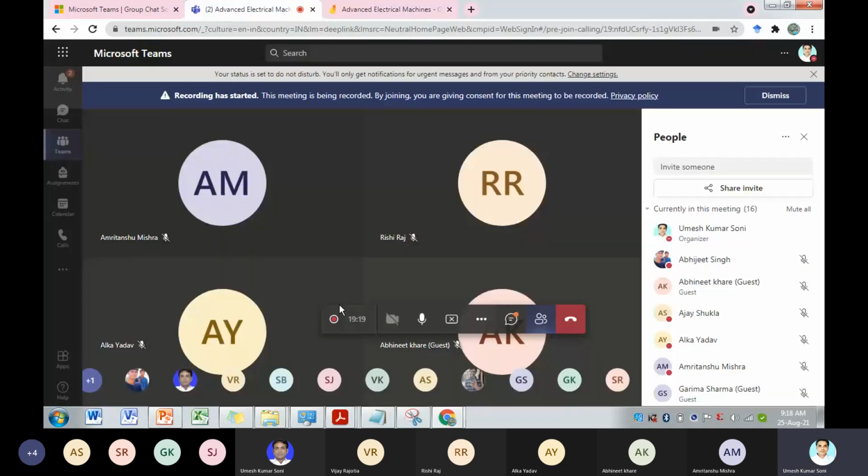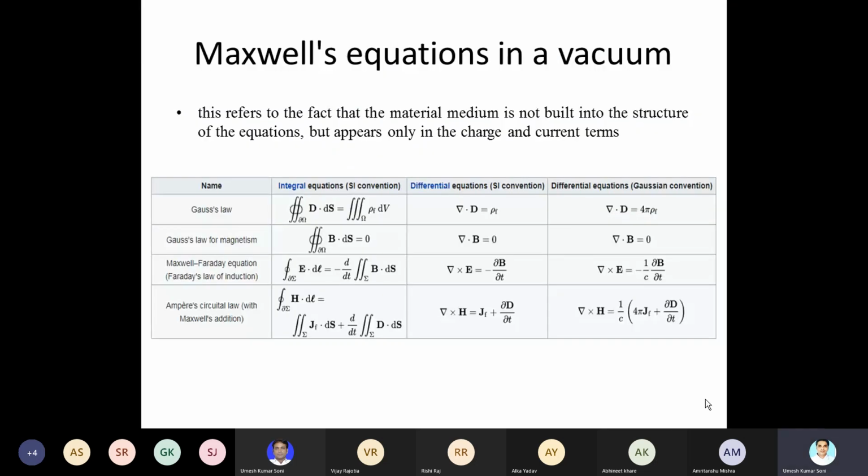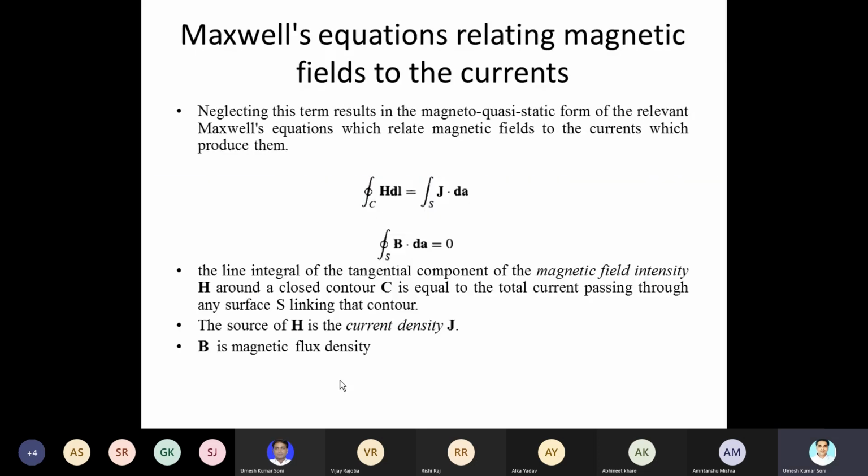So ultimately we find that the line integral of the magnetic field intensity H is equal to the surface integral of the current density.